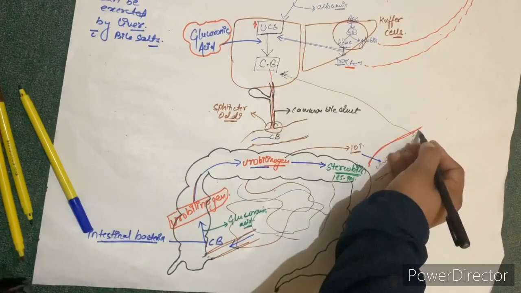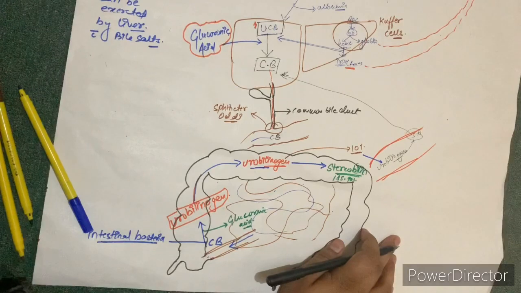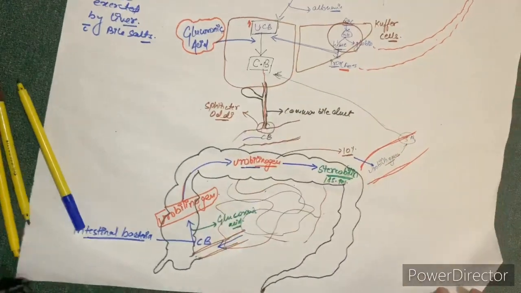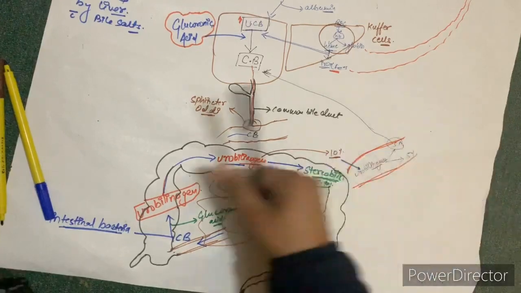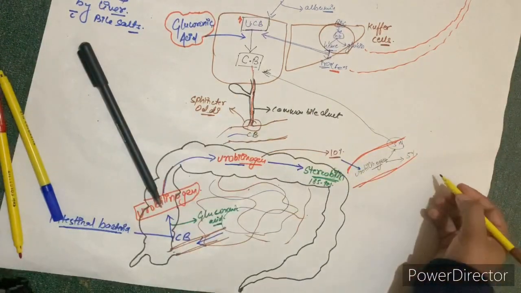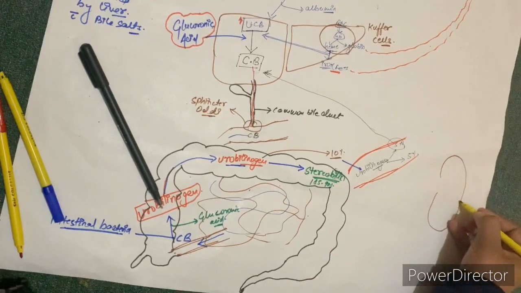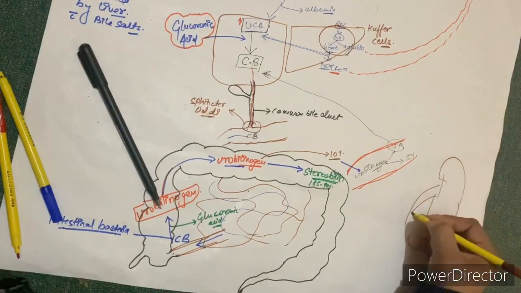This 5% enters into the liver, is taken up by the liver and resecreted into the bile. Again this process starts, and the remaining 5% goes into the kidney via the blood.